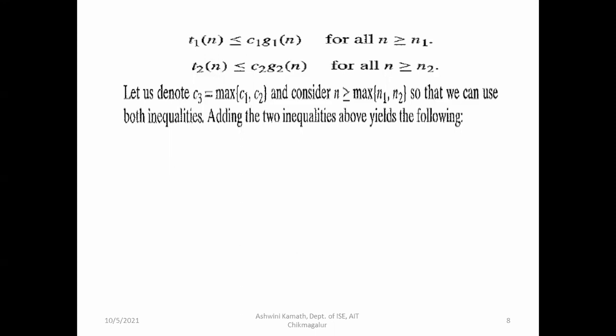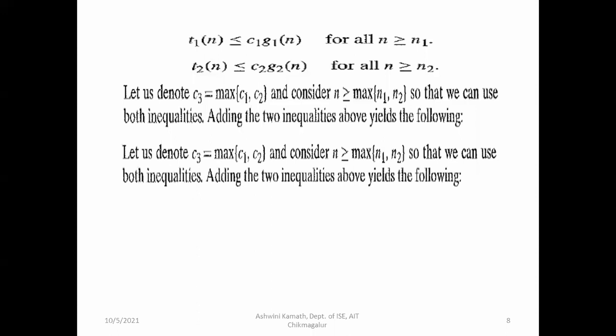If C1 is maximum, then C1 is assigned to C3. If C2 is maximum, then C2 is assigned to C3. And consider n which is greater than or equal to the maximum of n1 or n2. If n1 is maximum, n1 will be assigned to n. If n2 is maximum, n2 will be assigned to n. So that we can use both inequalities.